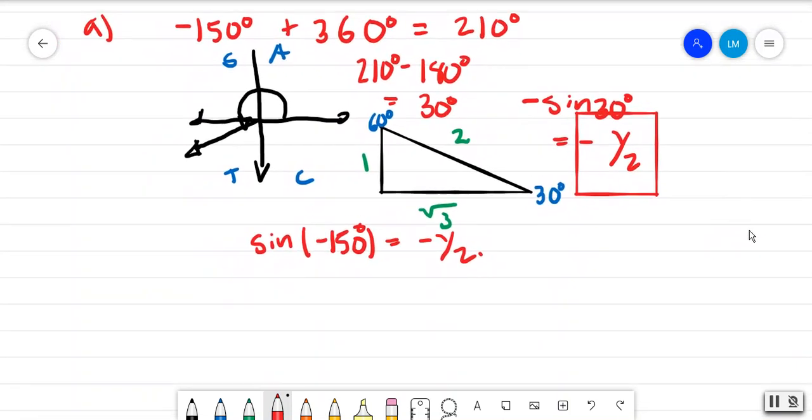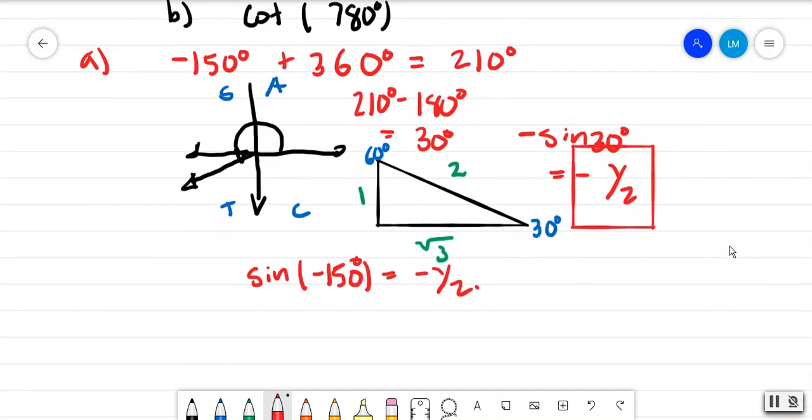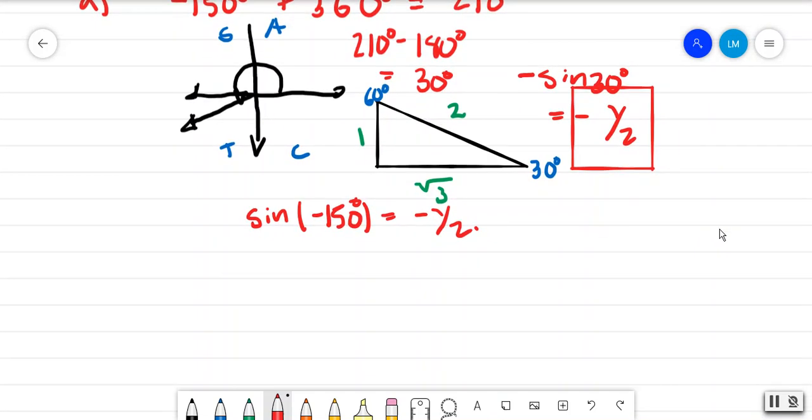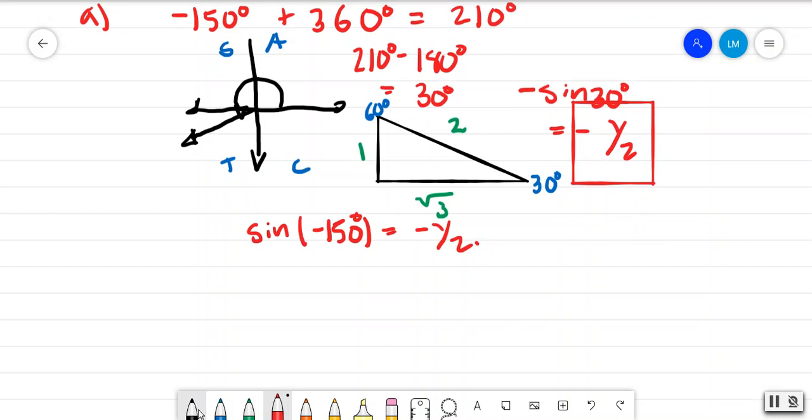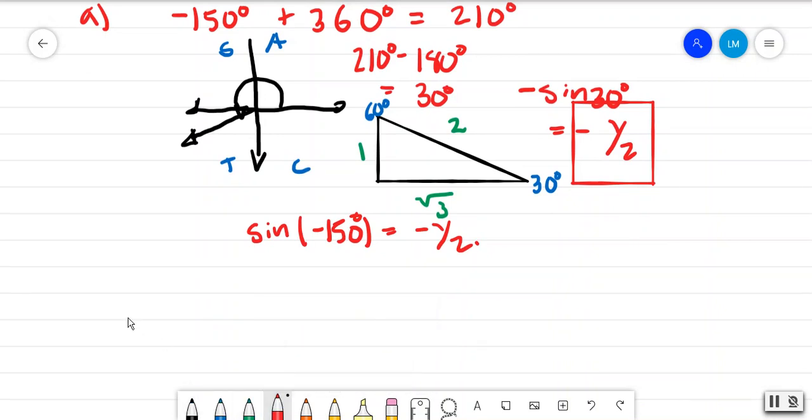Now we have to do the same thing with cotangent of 780. We're going to have to figure out the coterminal angle to 780. If we subtract 360 times 2, that's going to give us 60 degrees, I believe.